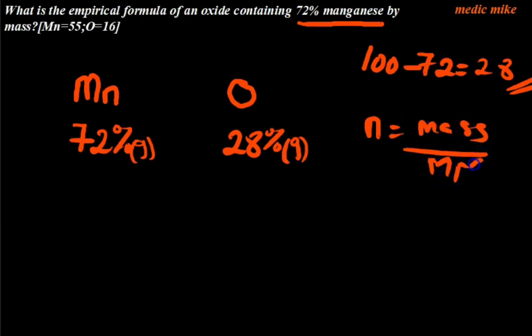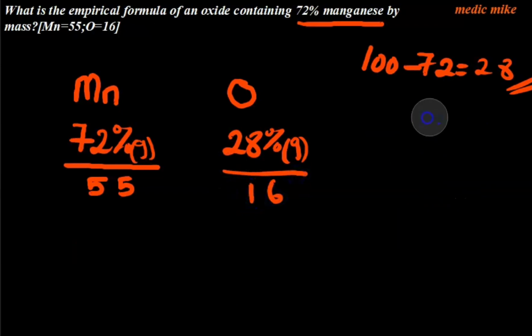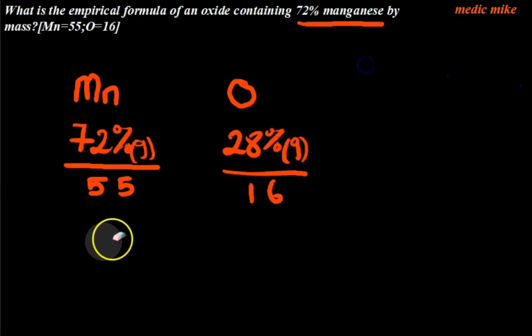So our molar mass that was given to us in the question was respectively for manganese 55, and for oxygen it is 16. So that having established, we just have to punch that in our calculator, and it will give us 1.31, and over here 1.75.